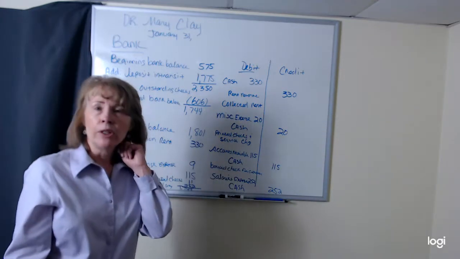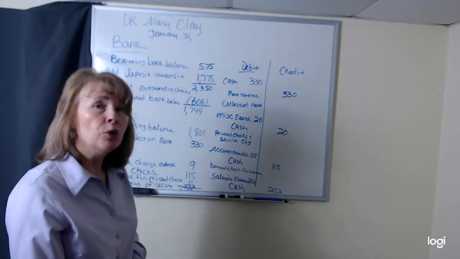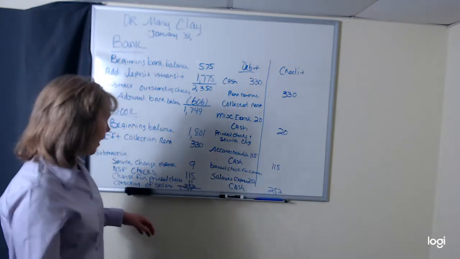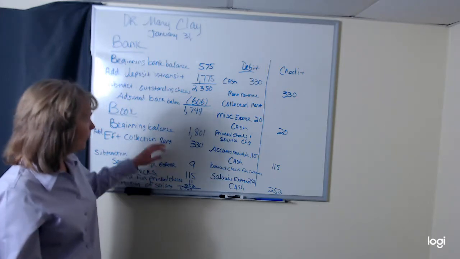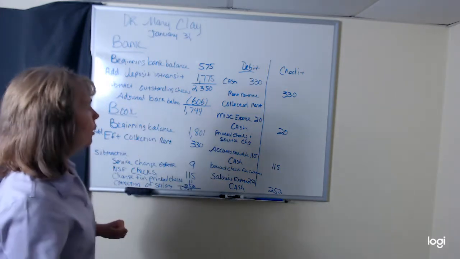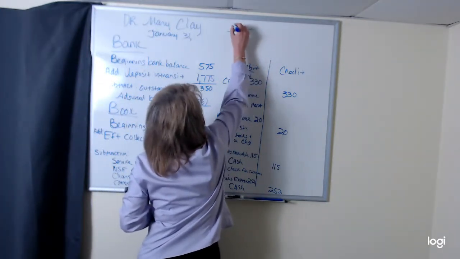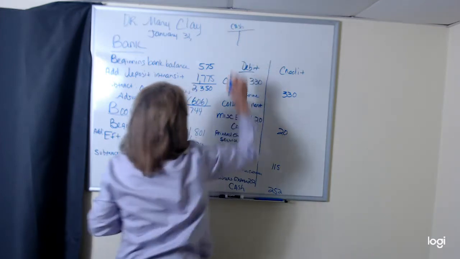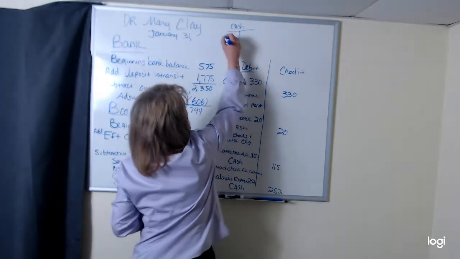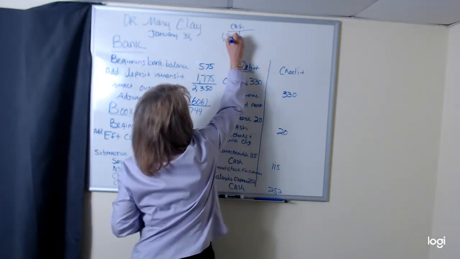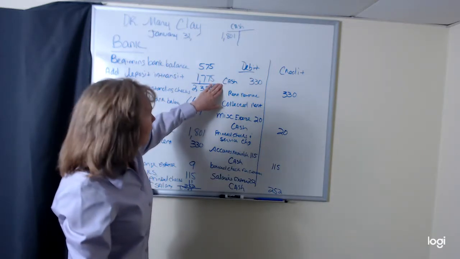Okay? And when you're done, you would have a little T account, and then you would figure out the final balance of your cash. The final balance of your cash account, after all these journal entries, you would do a T account. You would have cash. So your beginning balance, 1,801. That's what we started with. Then we figure out how much we completed our journal entries for.